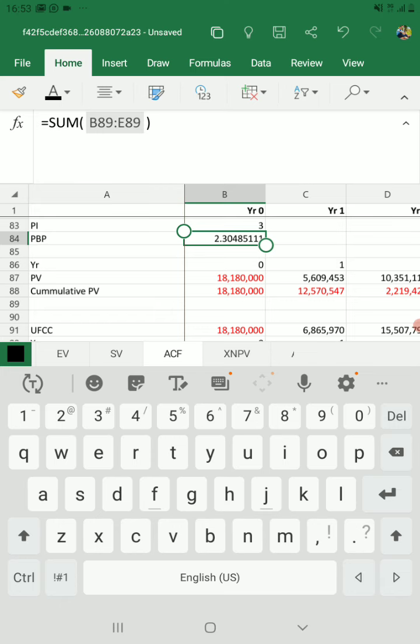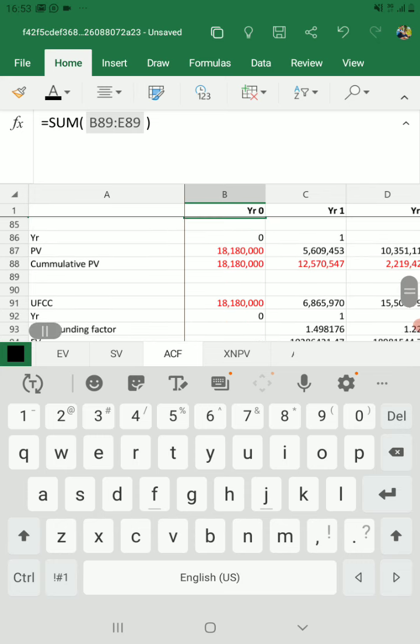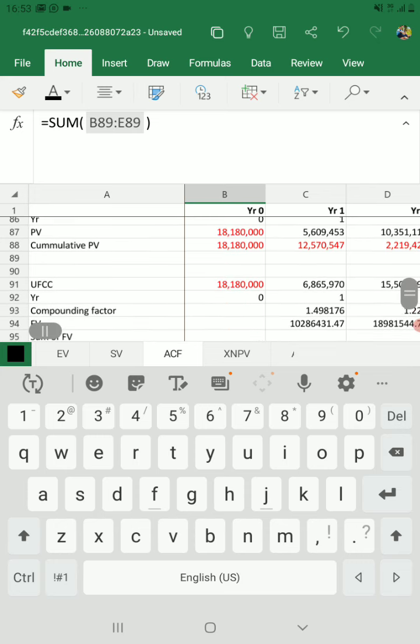So that's why we have a better payback period on monthly compared to this annual period. So that is how we do modeling our valuation on a monthly basis.